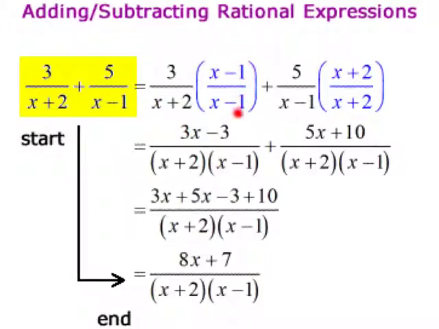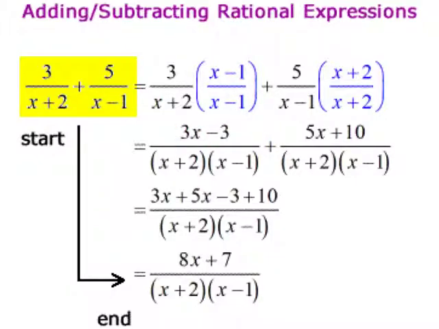So we're going to need to multiply this times x minus 1, and we get 3x minus 3. Here we would need to multiply by x plus 2, giving us 5x plus 10. So this is what we're adding. 3x plus 5x is 8x, negative 3 and positive 10 is 7, all over x plus 2, x minus 1.